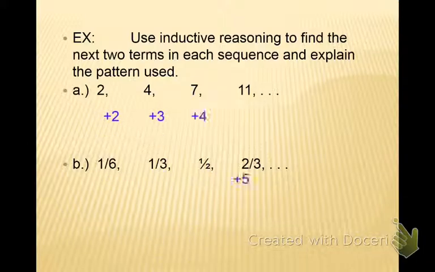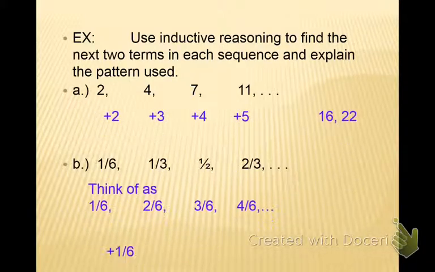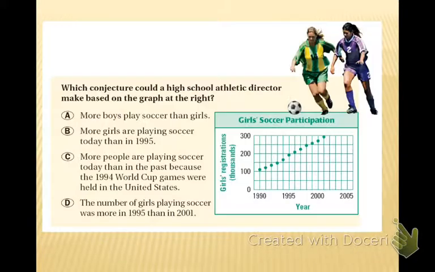Yeah, this is going to show the same thing. Okay. We collect data. Here's a graph showing girls' soccer participation. Which conjecture could a high school athletic director make based on the graph at the right?